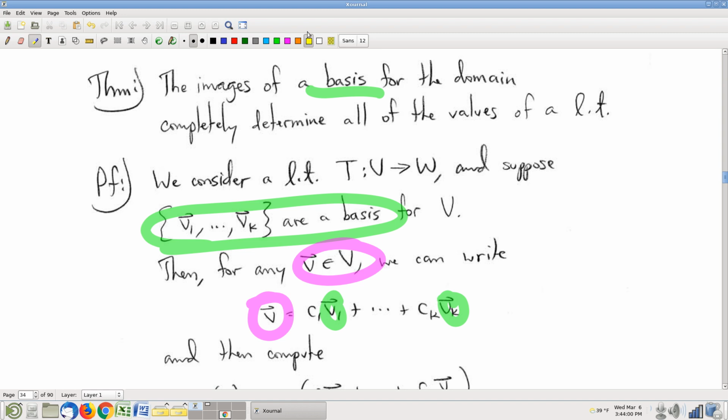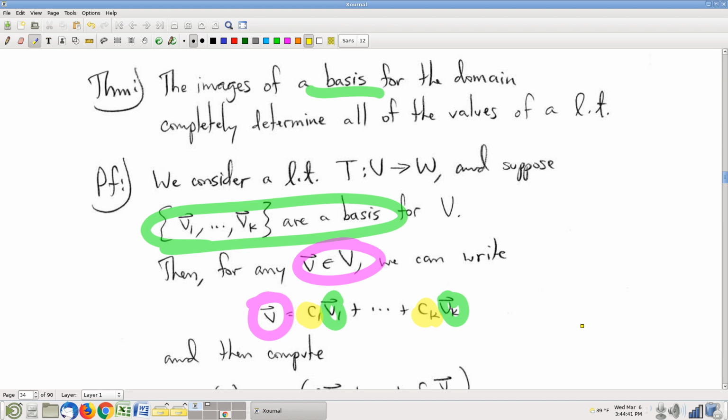Namely, there always will be such coefficients, C1 through Ck, called the coordinates. And those coordinates, in addition to existing, are always unique. This is a property of bases that we established back in section 2.4, I think. Bases have the property that every vector can be uniquely represented in terms of coordinates by virtue of this theorem.